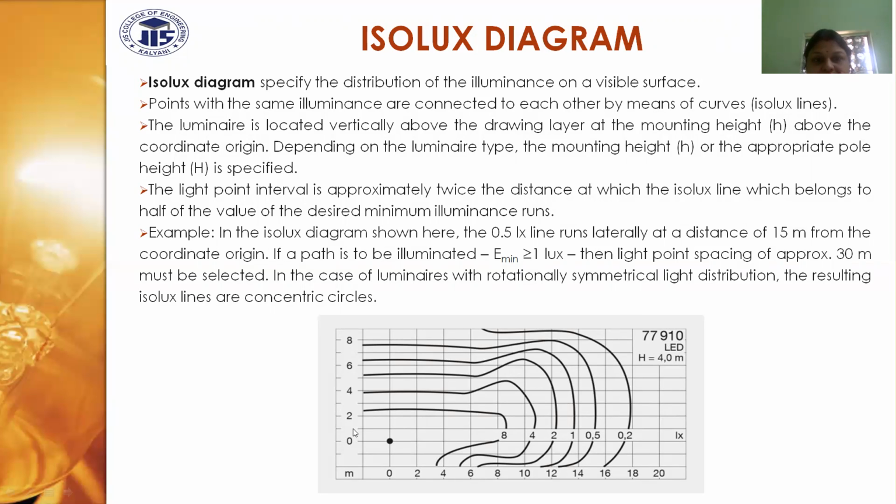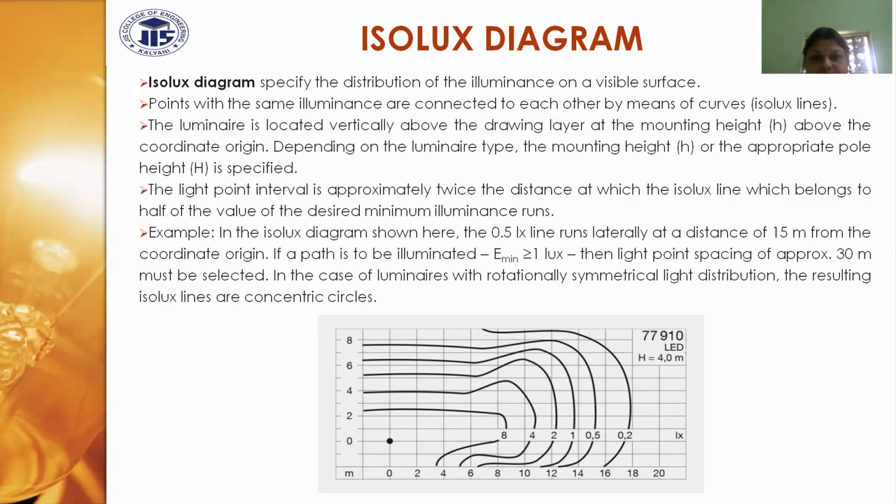The luminaire is located vertically above the drawing layer at the mounting height h above the coordinate origin. Depending on the luminaire type, the mounting height h or the appropriate pole height h is specified. The light point interval is approximately twice the distance at which the isolux line, which belongs to half of the value of the desired minimum illuminance, runs.